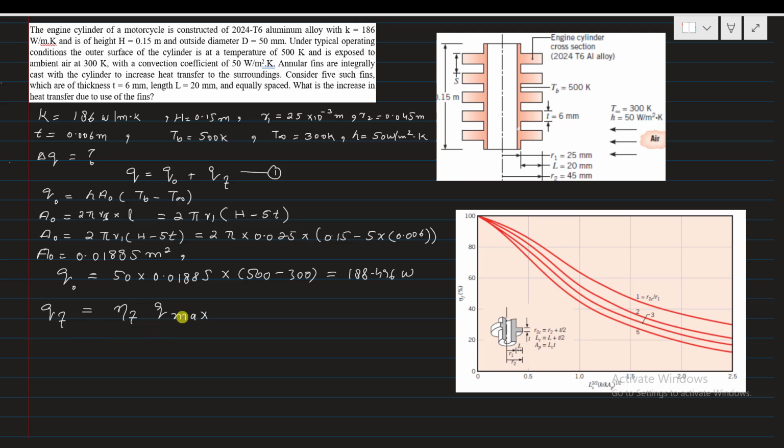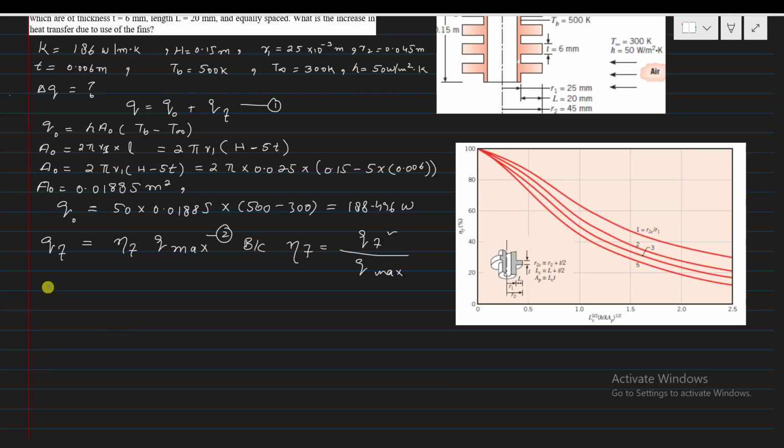From where you get this equation, it is easy, because the efficiency of the fin is equal to the actual heat transfer divided by the maximum heat transfer by the fins when all the fins are at a uniform base temperature. So the maximum heat transfer by the fin is equal to convection heat transfer coefficient, then surface area of the fin, temperature difference Tb minus T infinity.